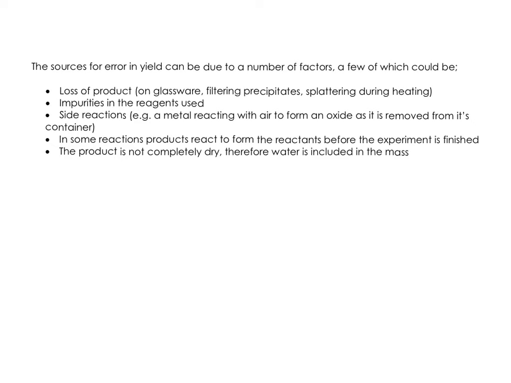It's reacted with the oxygen in the air to form copper oxide. So that oxide layer has added mass to the product. So sometimes you get these side reactions occurring and extra elements are added to your product when it oxidizes. So side reactions can add mass.